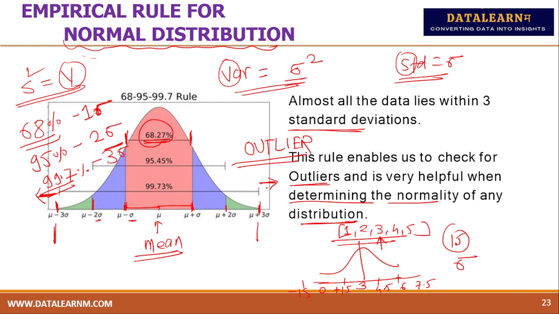Anything outside this range, you can say it is an outlier. Obviously, there is no need to remember these things, but if somebody asks you the rules for the normal distribution, 68, 95, 99.7 is sufficient.